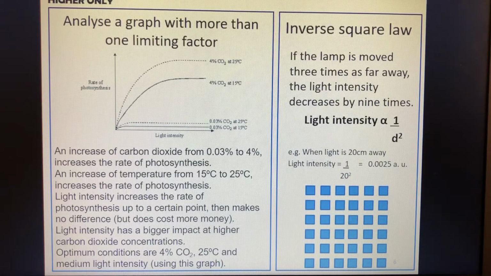And if I move it 6 times the distance away, 6 squared is 36, it will be 36 times less bright. The grid there is just really to help us with our squaring of numbers.